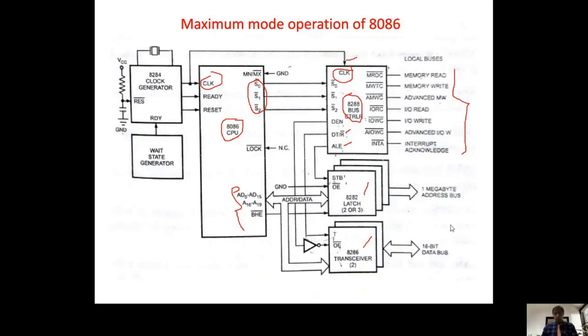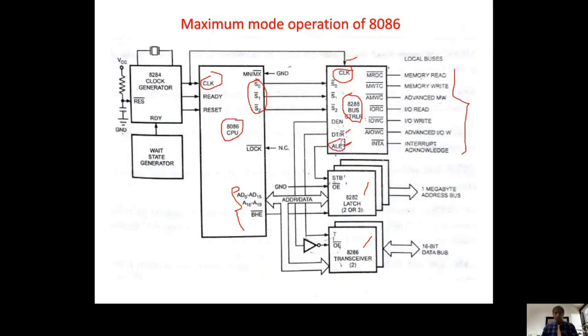Anyway, in the last video I gave a complete overview of this. Now, confined to today's topic, the timing diagram of 8086 in maximum mode, we first need the ALE signal, which is essential.